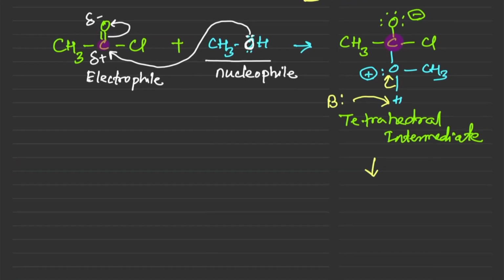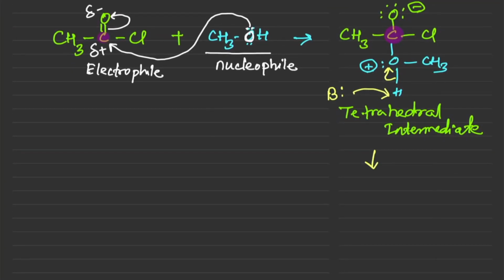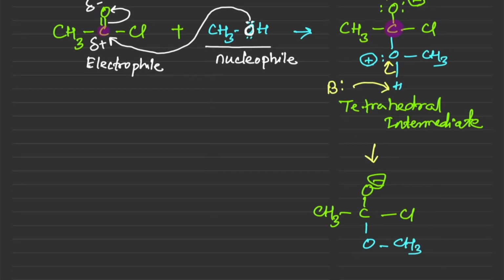So we can have CH3CO minus, Cl and OCH3. All right, so now we have our BH plus right here.